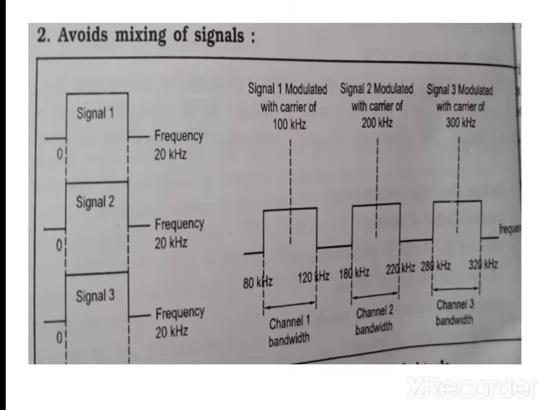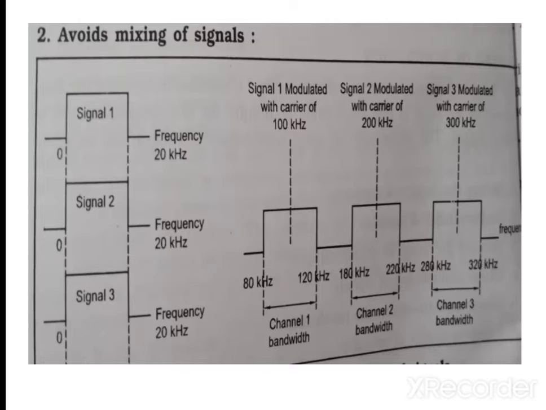According to this diagram, here are three signals, signal 1, signal 2 and signal 3. The frequency of signal 1 is 20 kHz, signal 2 is also 20 kHz and signal 3 is 20 kHz. To avoid the mixing of signals, first signal 1 is modulated by a carrier of 100 kHz frequency.